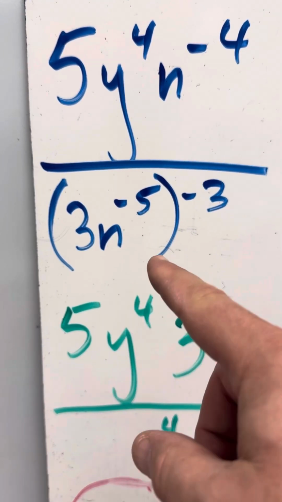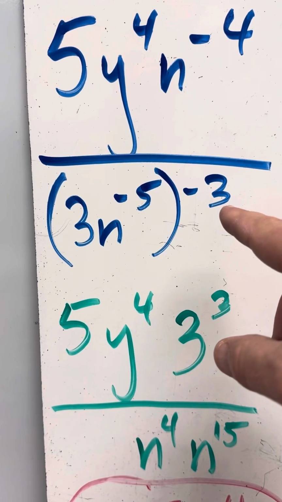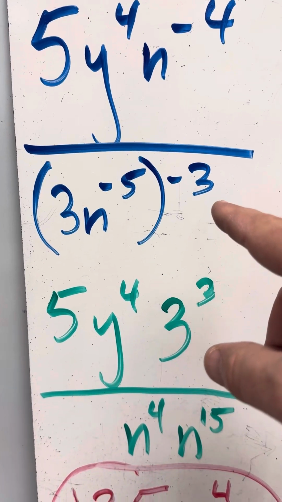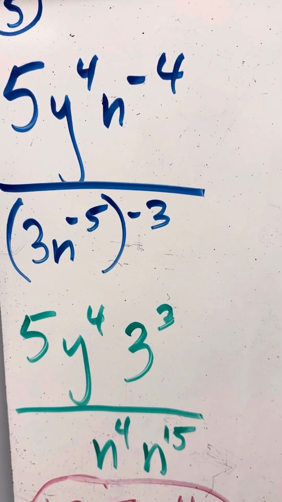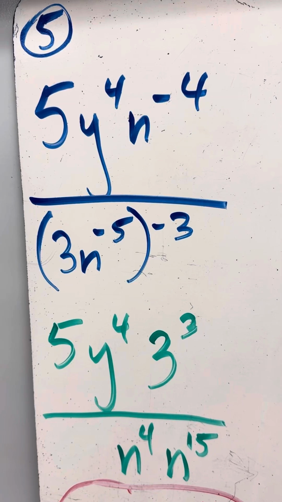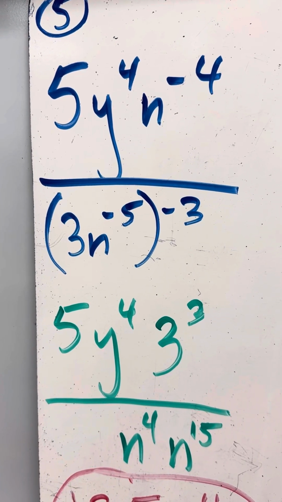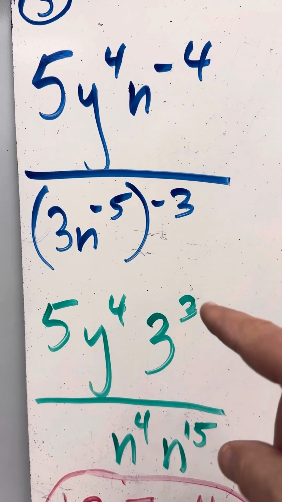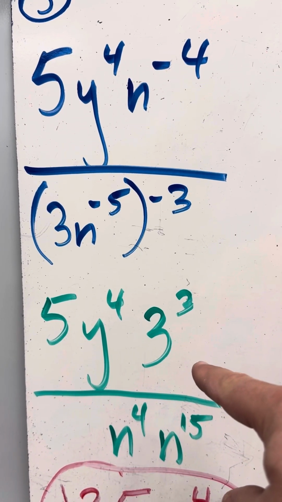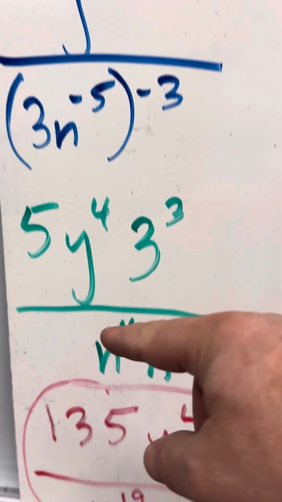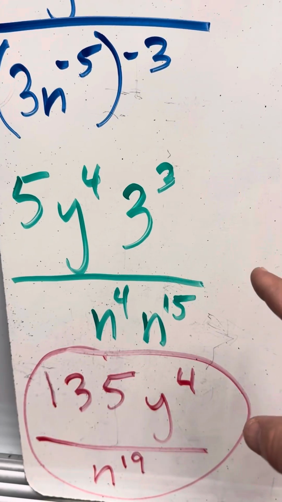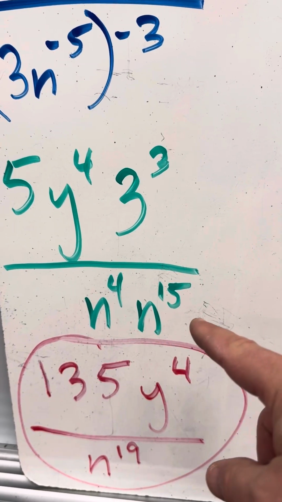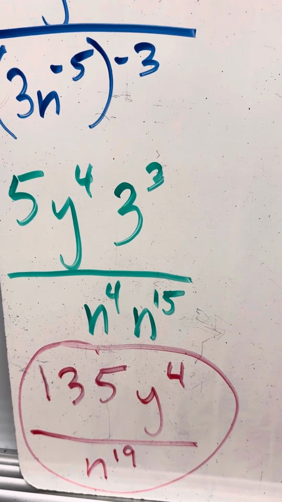I have n to the negative 5 to the negative 3rd. That's going to be n to the positive 15th on the bottom. Okay. So now I've got 3 to the 3rd is 27. 27 times 5 is 135. y to the 4th is on top. On the bottom, n to the 4th times n to the 15th is n to the 19th.